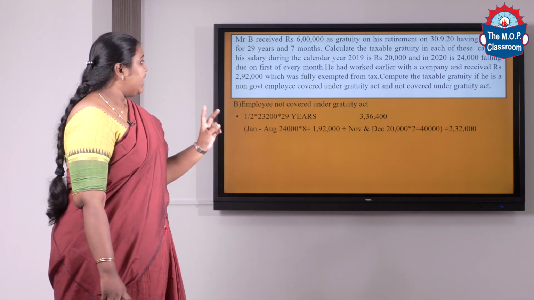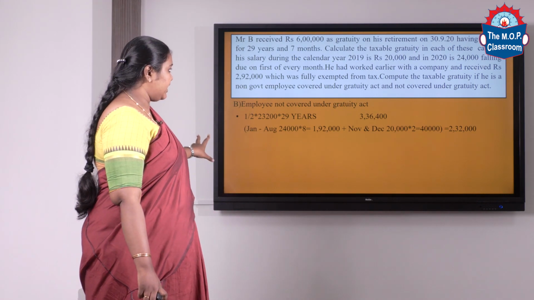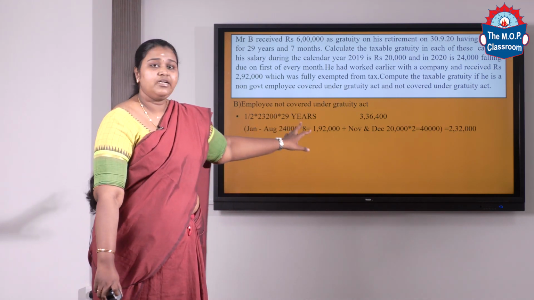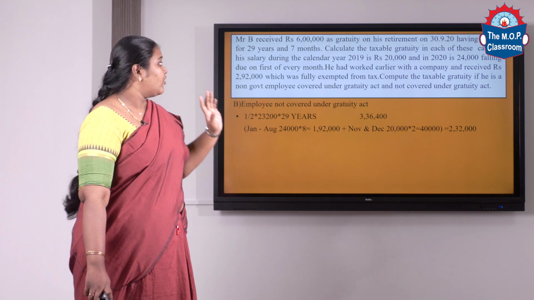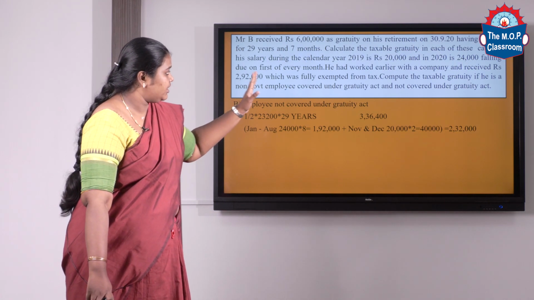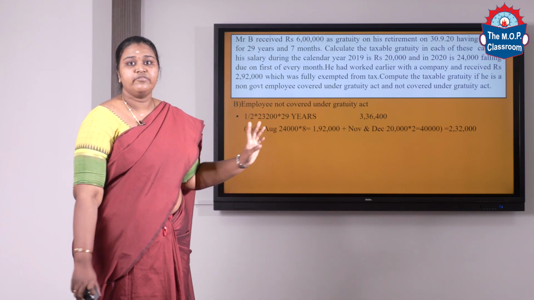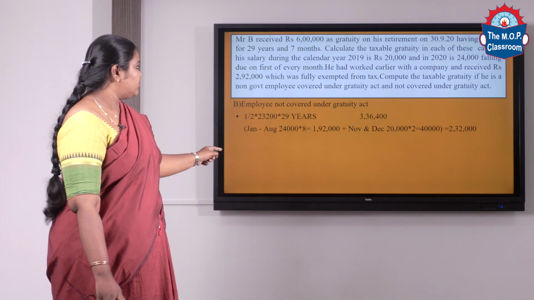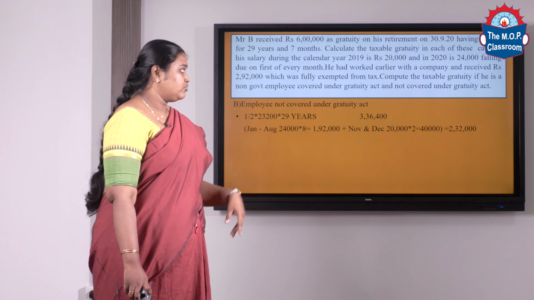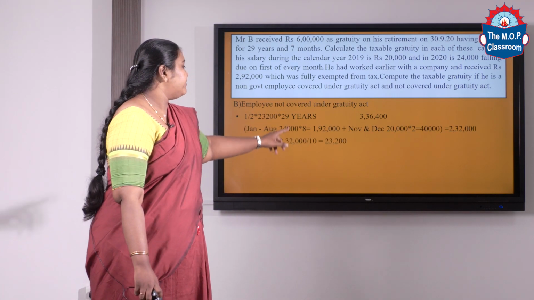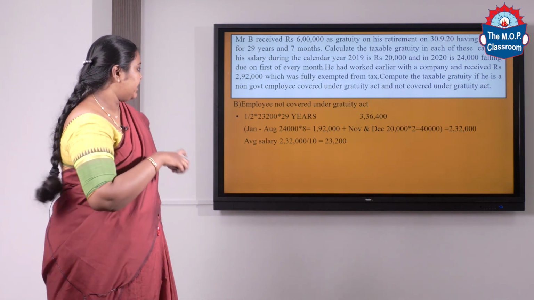November and December, according to the calendar year 2019, receive 20,000. So, it will be 20,000 into 2, 40,000. And according to the calendar year 2020, it will be January till August, which is 24,000. So, 24,000 into 8, 1,92,000. So, the total is 2,32,000 divided by 10 months.